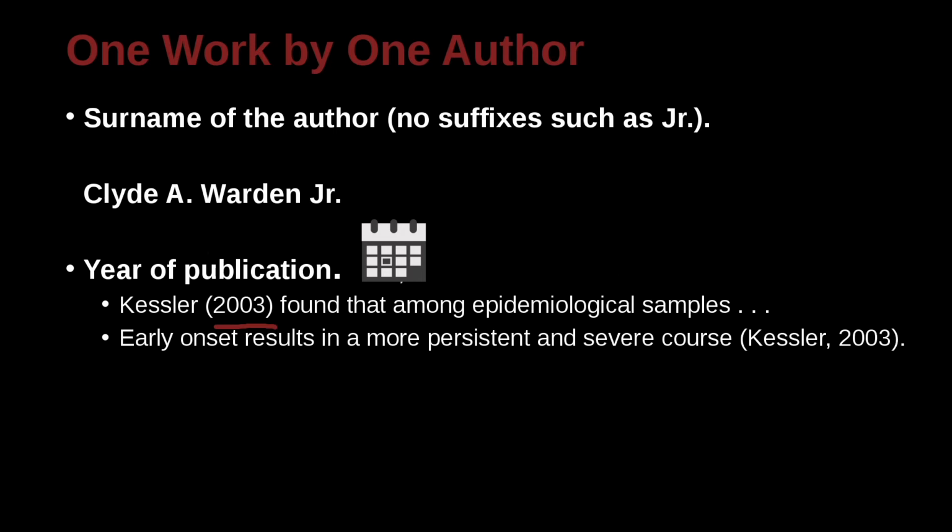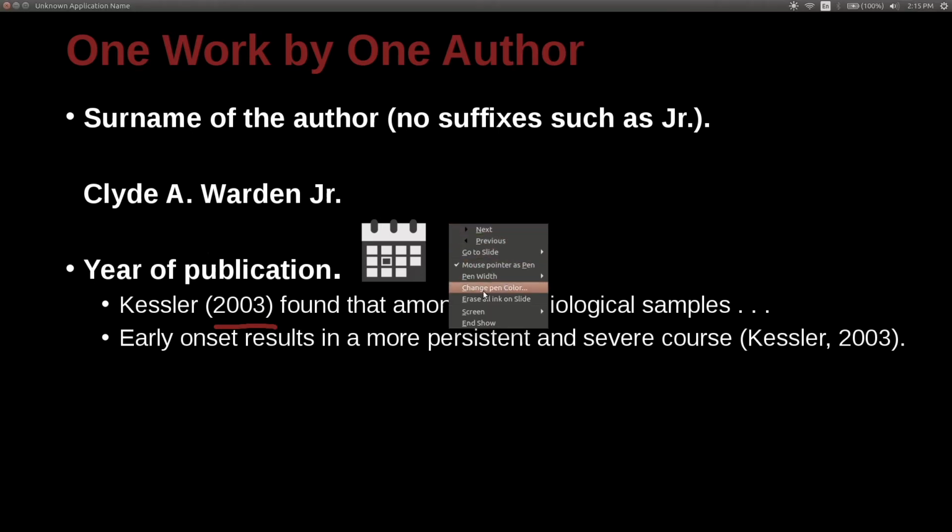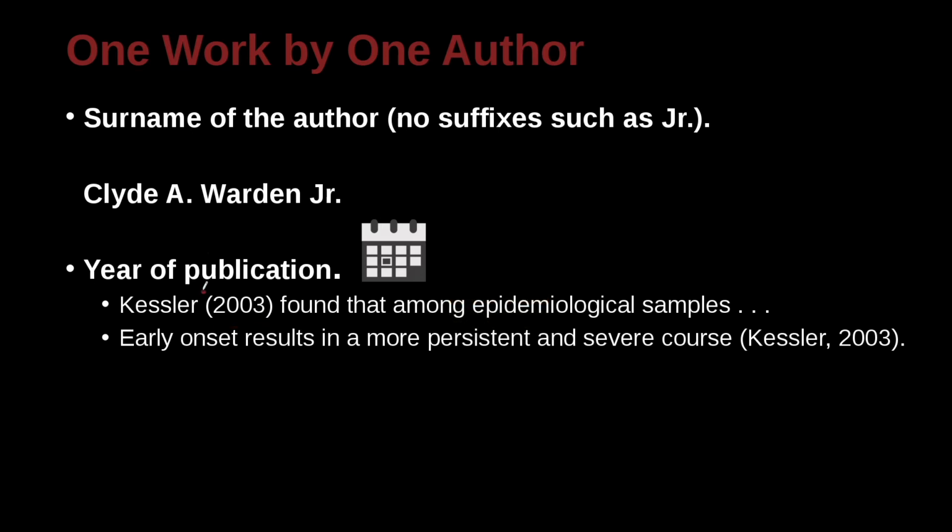Both of these ways have parenthetical, that is a parenthesis. Here we have the parentheses just for the date, and in the second example we have the parentheses for the name and the date. Both ways are possible. Both are parenthetical, that is, they both use parentheses.